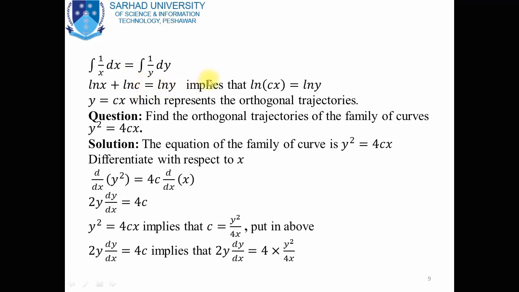By the log rule we can write log of cx is equal to log y, and now we can write y is equal to cx, and this is the required equation of the orthogonal trajectory.